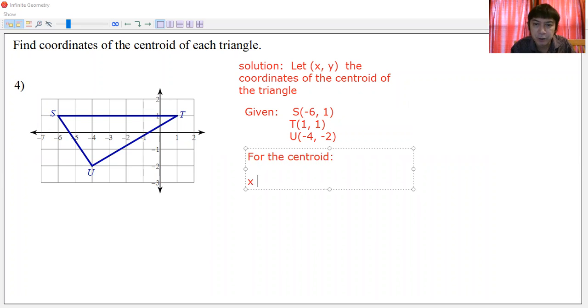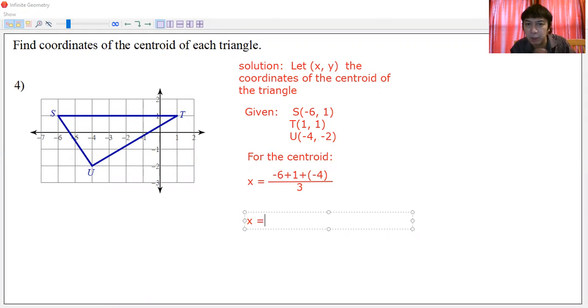So for the centroid, we start with x equals, we're going to get all the x values now. So we have -6 plus the 1 and plus the -4. And then to be divided by 3. And so we just put the division symbol, and that's it. We compute. We now have x is equal to -6 plus 1 plus -4.